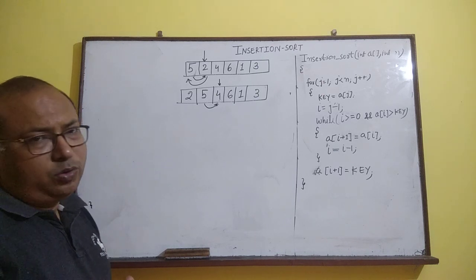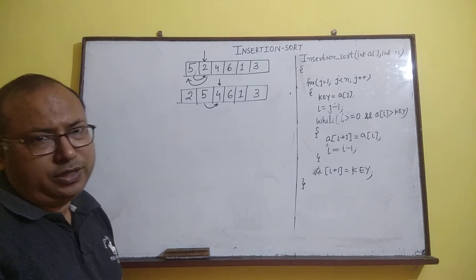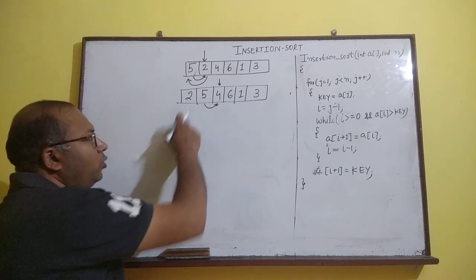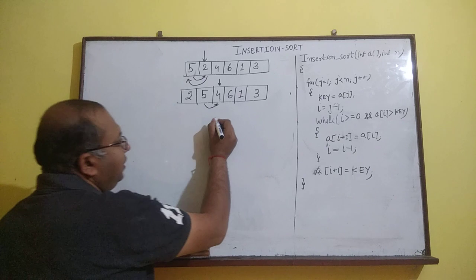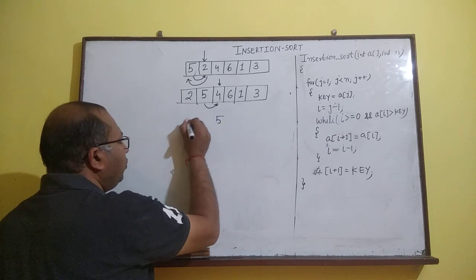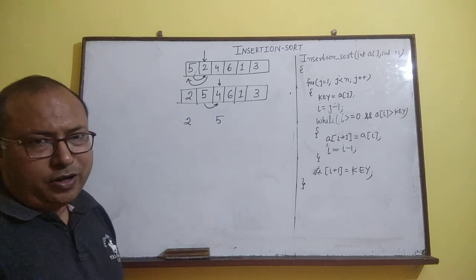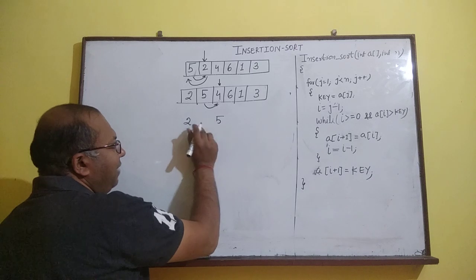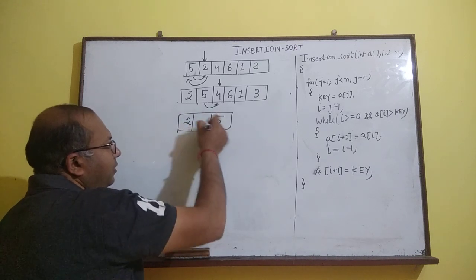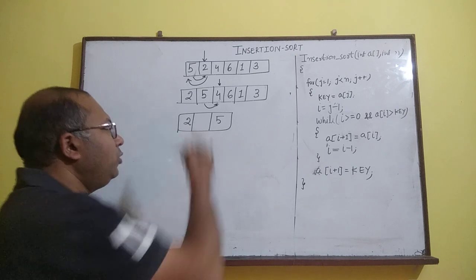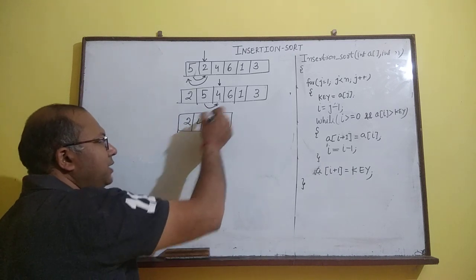So 2 and 4 are already in order, which means 2 will not move or shift. If 5 shifts to this place and 2 remains at its original place, then we will have one empty block. So we will place 4 at this place.